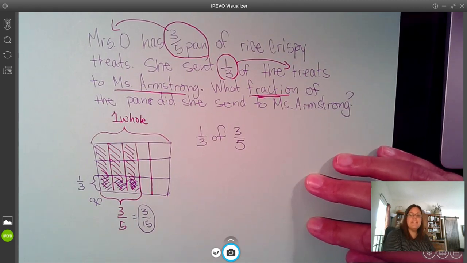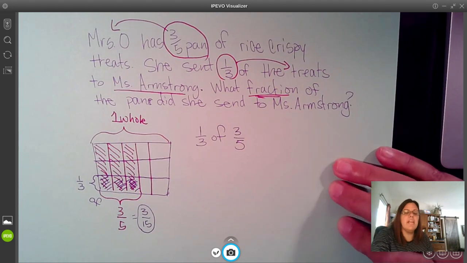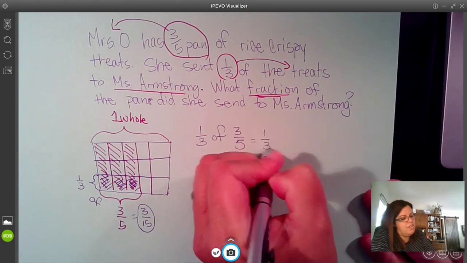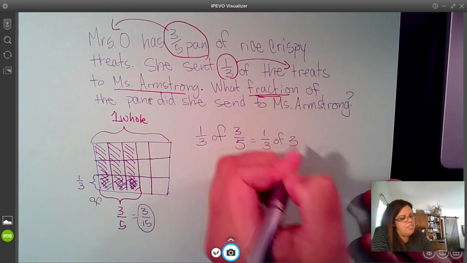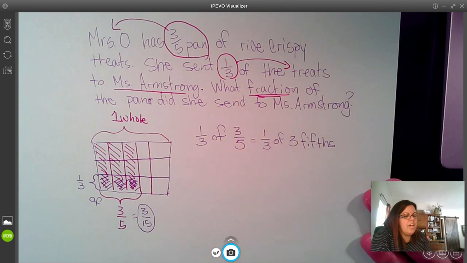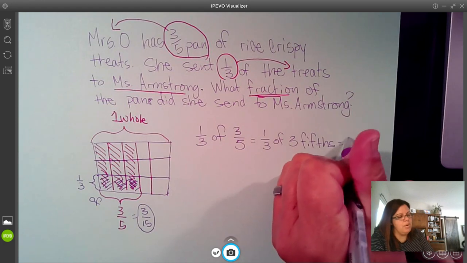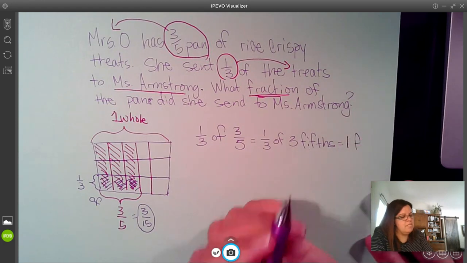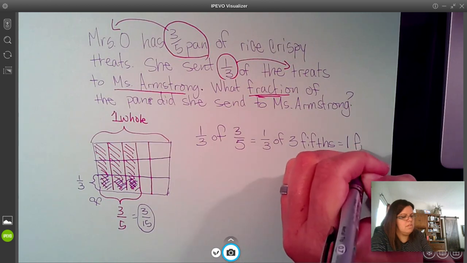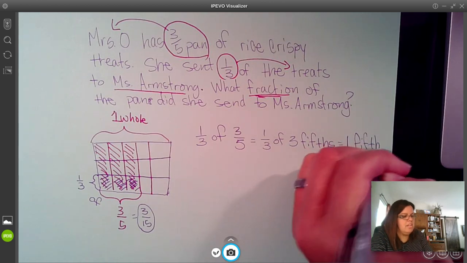Let's think about this a different way, because there's a couple different ways you can think about it. Some of you like to think 1/3 of 3/5, and we go into kind of unit form. If you do 1 out of 3 of 3 things, we're going to have 1/5 is what's going to be left.